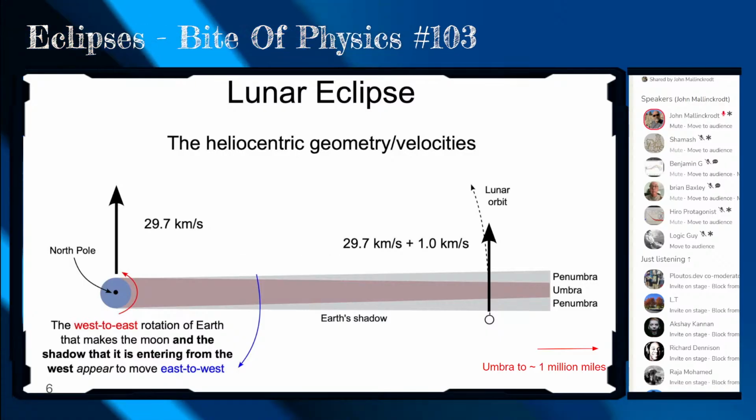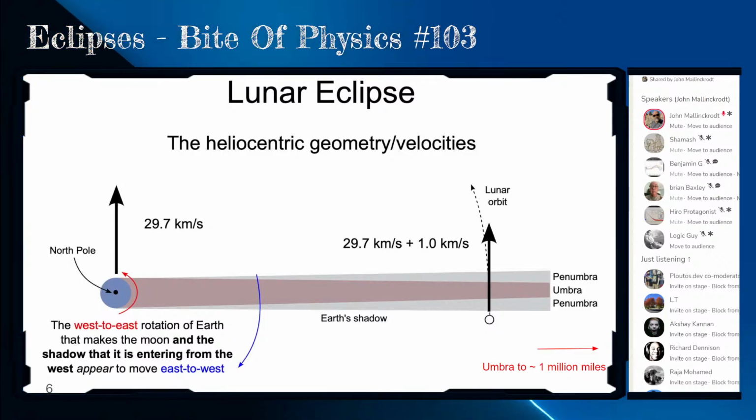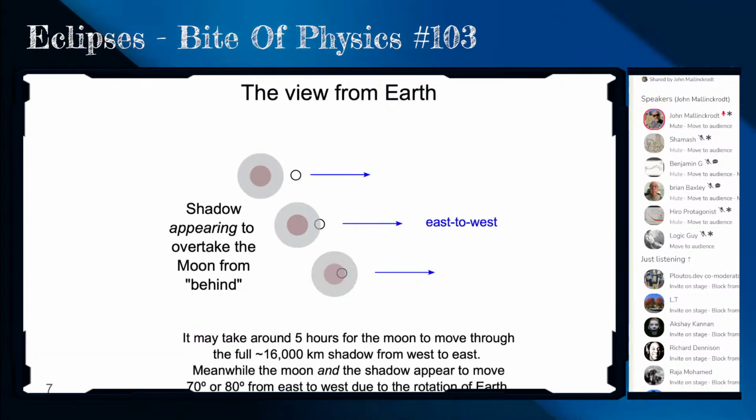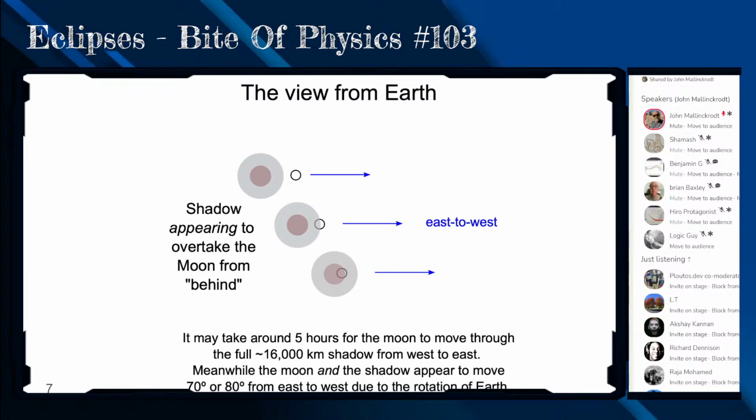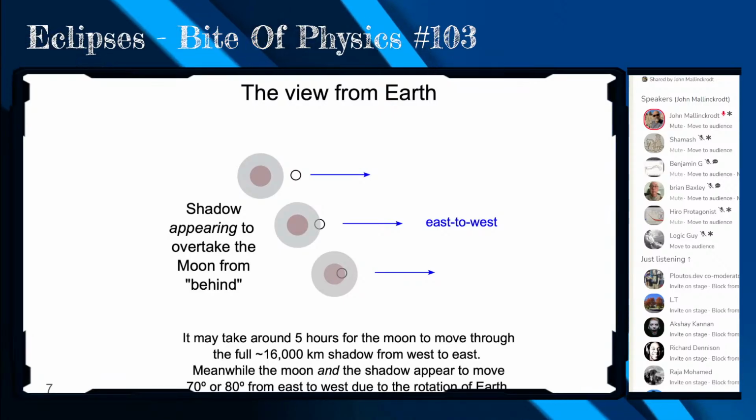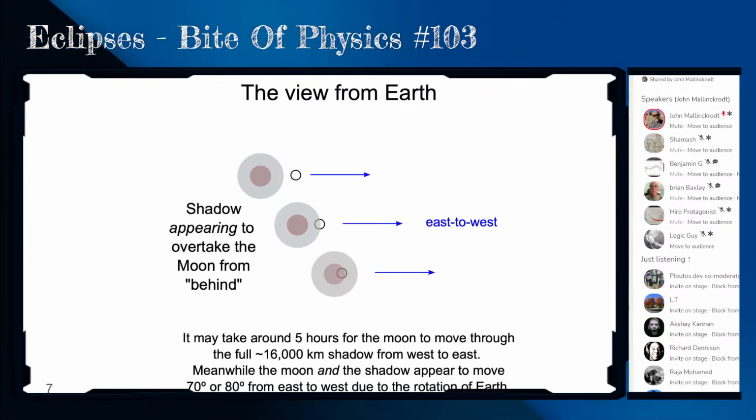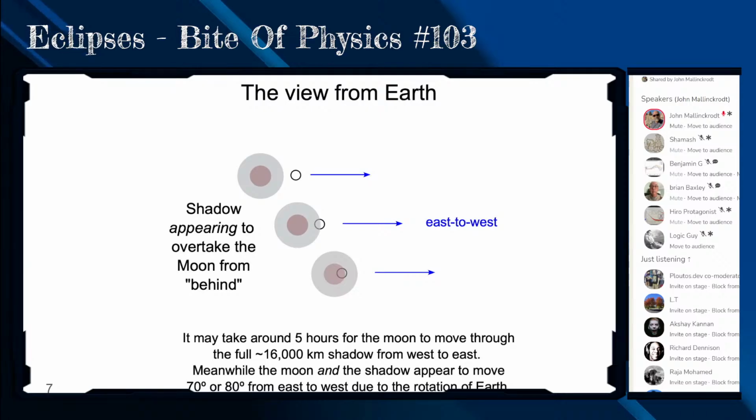Okay, and then that last point is what's illustrated then. If I think about what this is going to look like from Earth, looking up at the moon and the shadow, because I'm being carried from west to east, I'm going to see the moon moving to the west, and the shadow, of course, that it is entering, catching up with it.